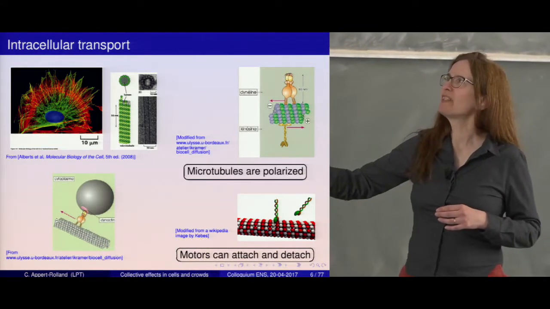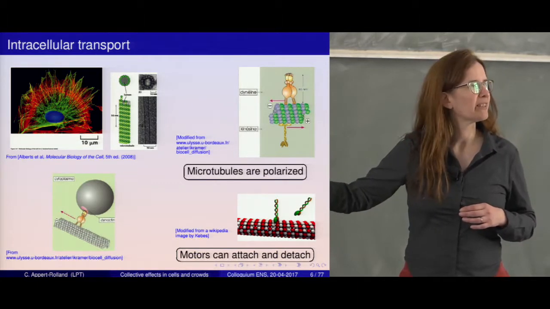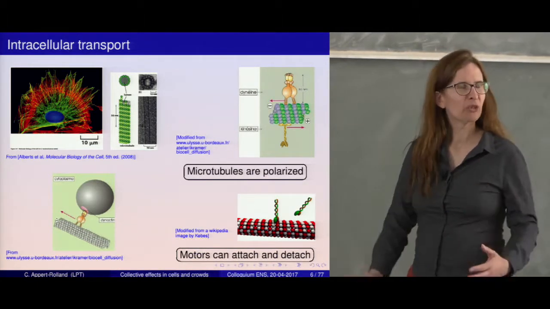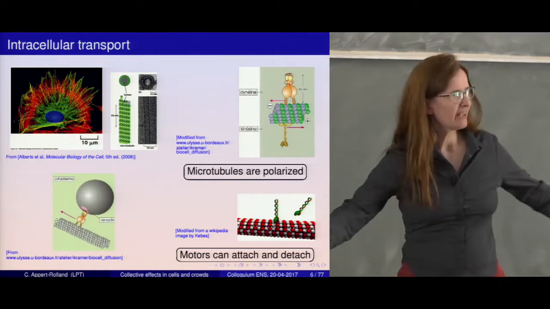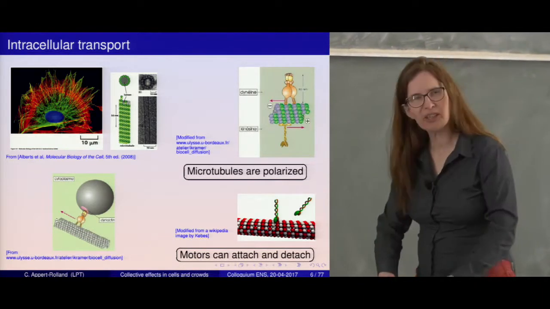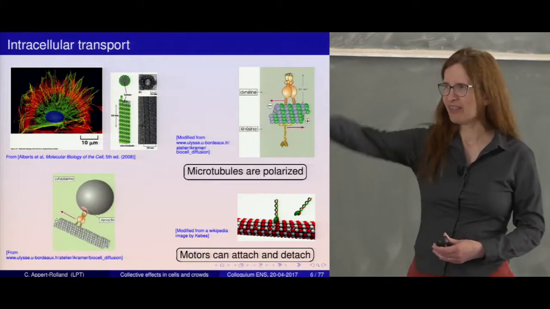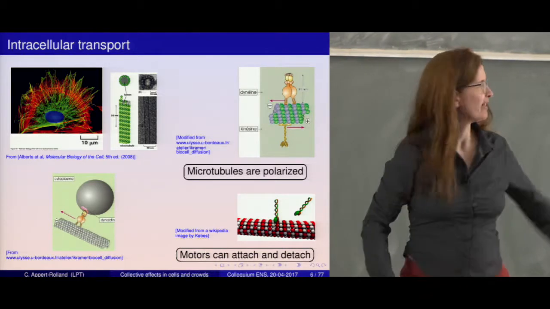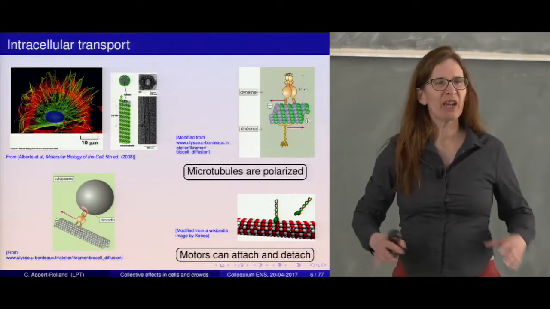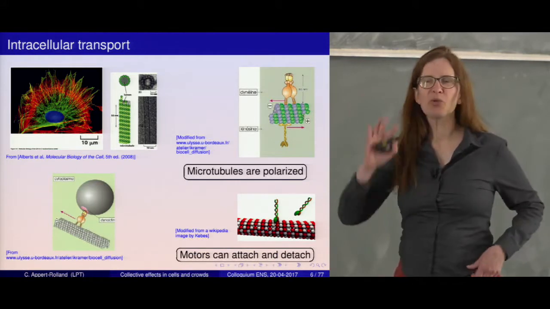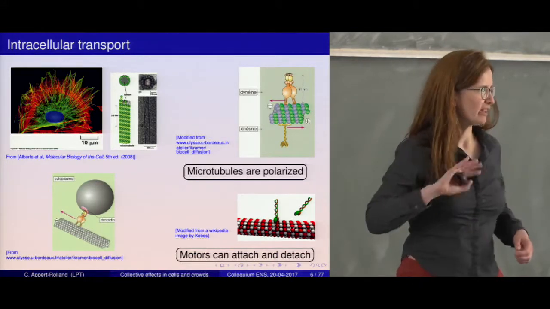Something very important is that microtubules are polarized. So imagine you are on the microtubule, you have tiles on the ground, and just by looking at the tiles, you know that Paris is in this direction and there is Marseille. So everywhere you can choose in which direction you are walking.